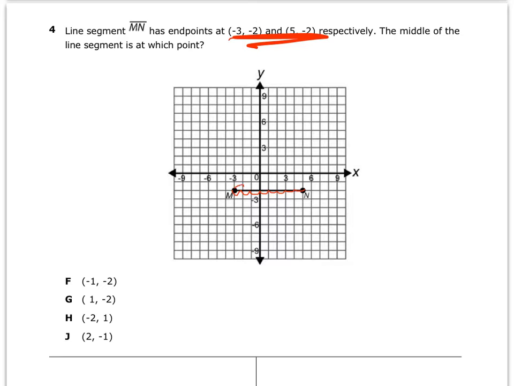So if we go 1, 2, 3, and 4, this is our new point. Now, all we have to do is figure out the coordinates for that point. How far to the right did I go? 1. How far down did I go? 1 and -2, that makes our answer G.